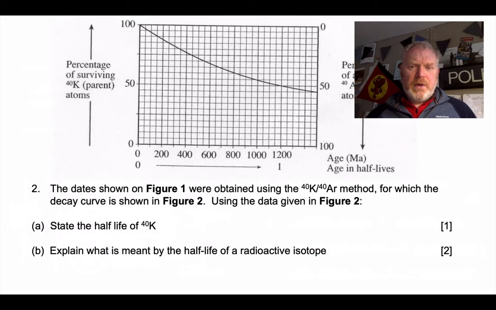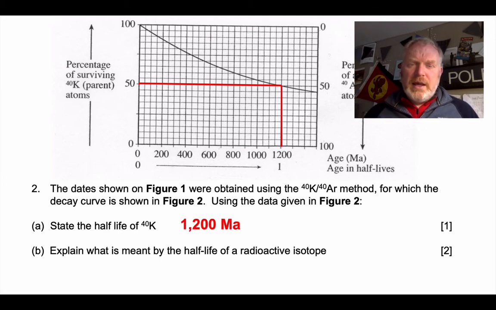Question 2. The dates shown then on figure 1 were obtained using potassium argon dating. And this is the decay curve. So using this data, first of all we state the half-life of potassium 40. So if we read on the graph from 50% and down, we get an age of about 1200 million years.